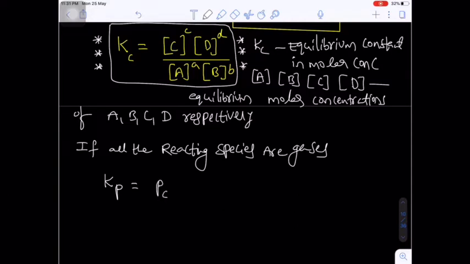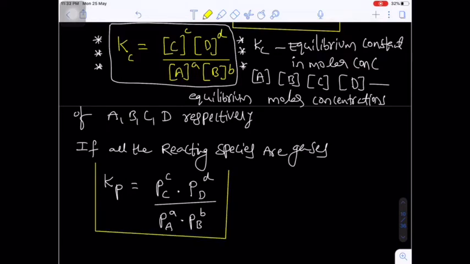So partial pressure of C to the power small c, partial pressure of D to the power small d, whole divided by partial pressure of A to the power small a, partial pressure of B to the power small b. This is a very important expression regarding the equilibrium constant in terms of partial pressures.